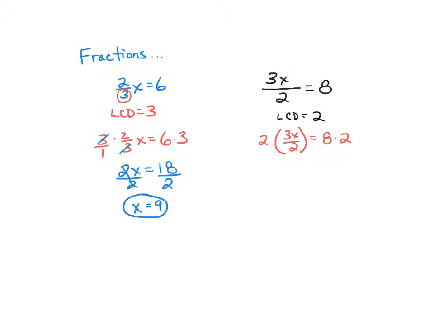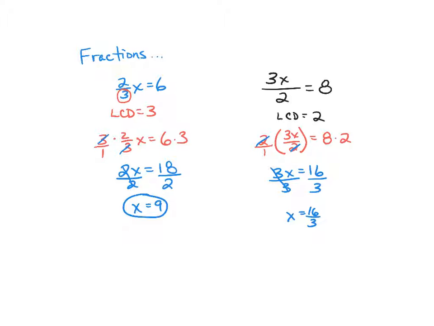Now, on that left-hand side, that 2 is 2 over 1, and I'm multiplying, which means the 2's get canceled. I'm just left with 3x is equal to 16. Now, I would divide both sides by 3, and I would get x is equal to 16/3. 16/3 is an improper fraction.